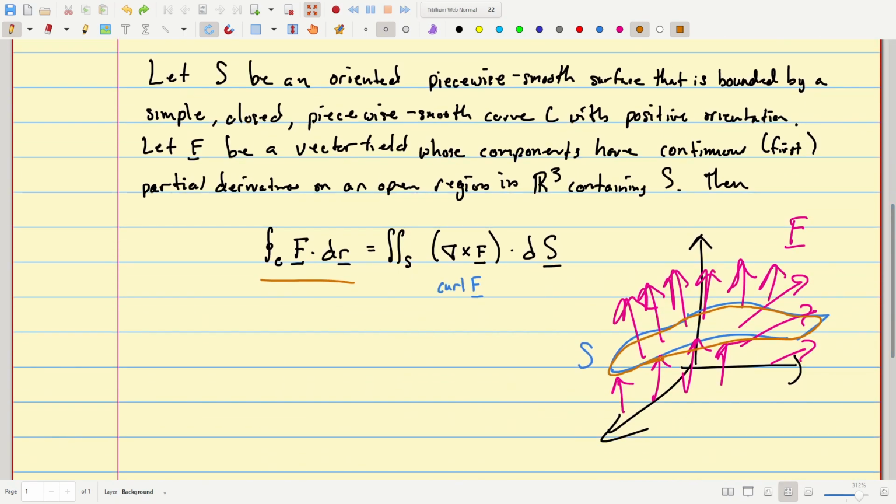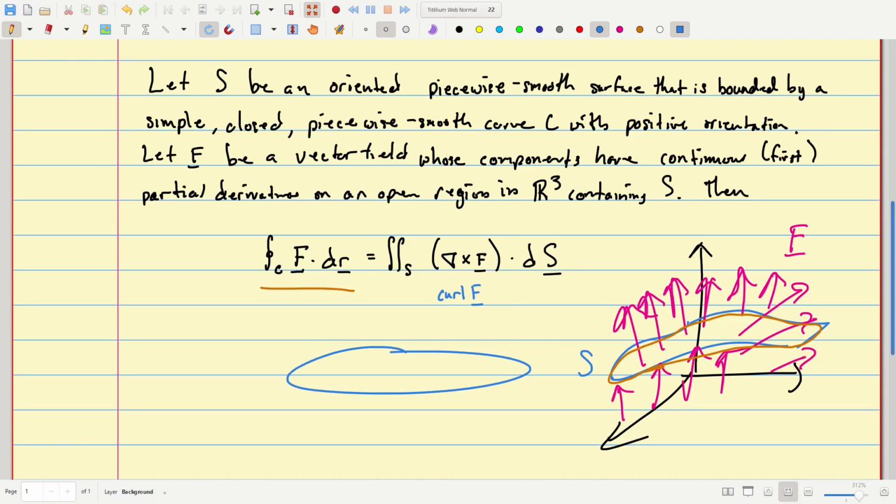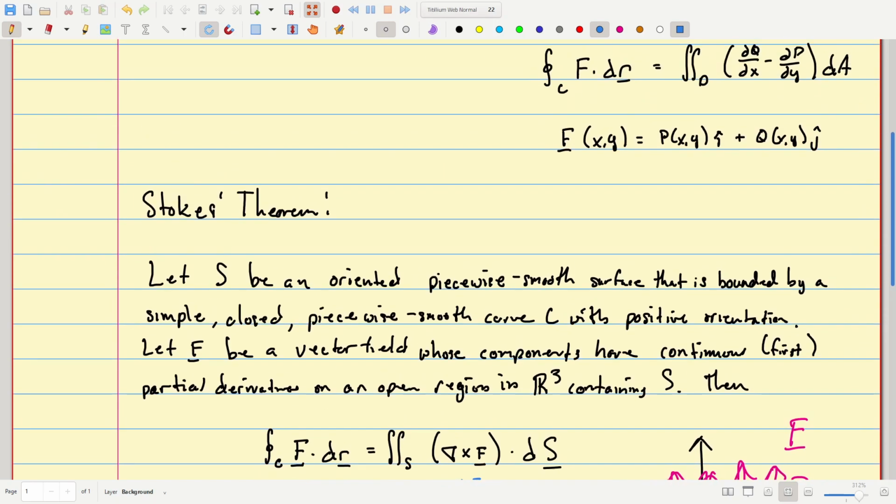If I have the same setup and instead my surface is flat, it does not change in the z direction, then the formulas are the same. Because any derivatives that had to do with z would be equal to 0, right? And my surface integral would flatten out, and I would get exactly that term when I computed the curl for the only surviving component. Okay? So these two things are very closely related to one another.